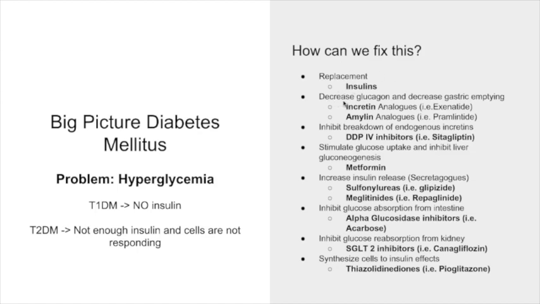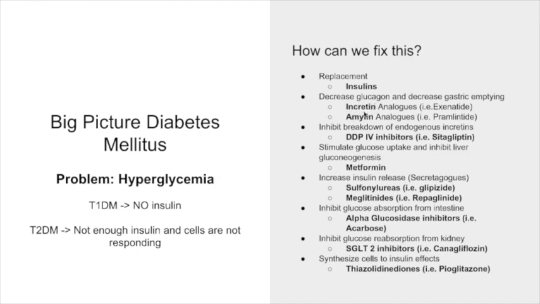We can also decrease glucagon and decrease gastric emptying because, as we know, in diabetes there are high amounts of glucagon, and these are achieved by medications called the incretins and amylins.